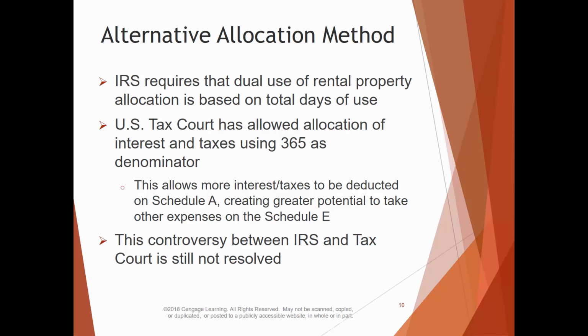And the tax court has allowed it, but the appellate courts haven't. That's probably more than we want to get into. We're going to do our allocation based on the denominator I just showed you. The book talks about this discrepancy between the appellate and the tax court.